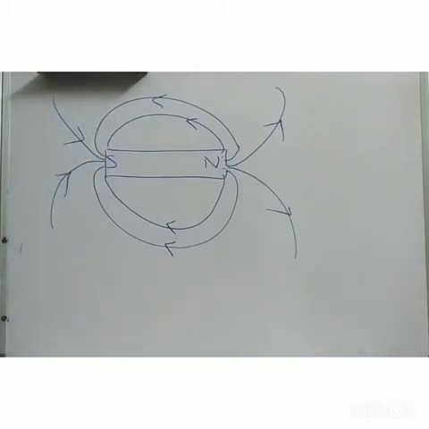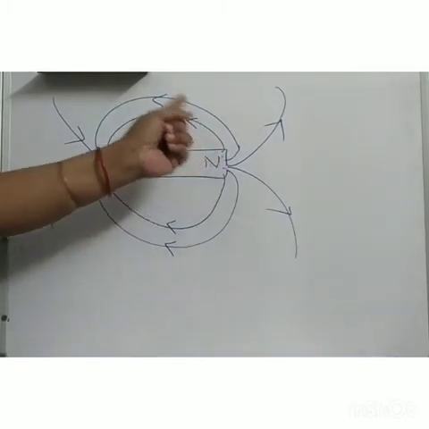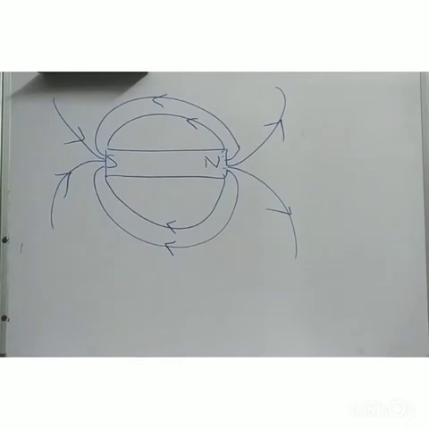It is other way around. Is it clear? From where magnetic field lines originate is your north pole, and from where they enter or terminate, okay, it is your south pole.